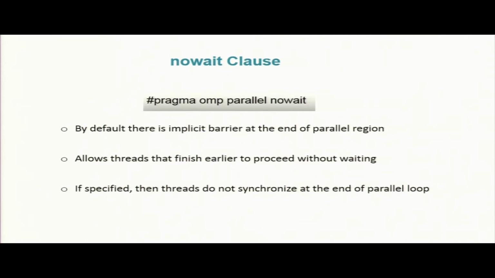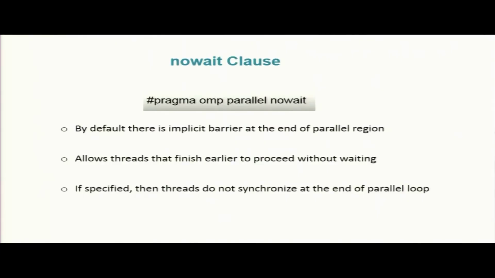If we know there is no dependency in our code wherein we should wait, we can say nowait. This can happen in embarrassingly parallel tasks, wherein computations done by any thread are not dependent upon any other threads. There we don't require this synchronization, the implicit barrier, and for better performance we can say nowait. It enables threads to proceed to the later part in the parallel region, or they can terminate.